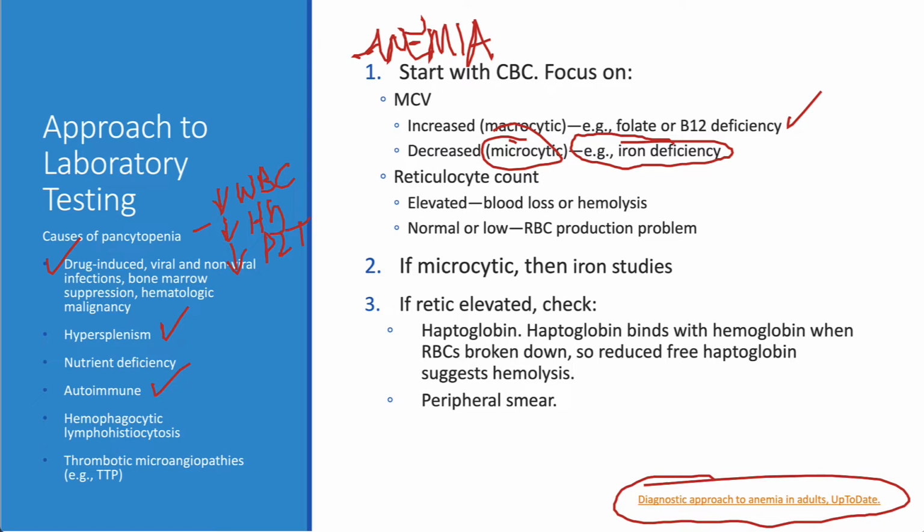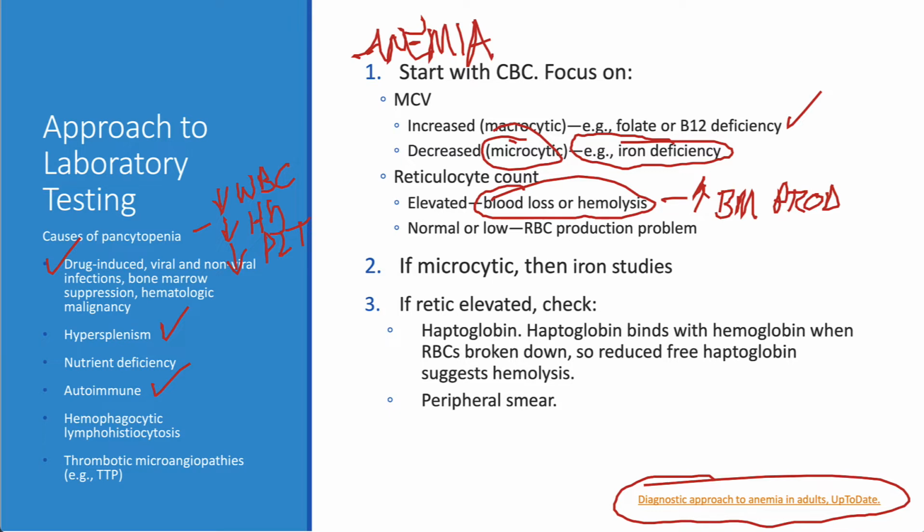Okay? A reticulocyte count is also helpful because when it's elevated, that goes along with blood loss or hemolysis. Essentially, this means increased bone marrow production. All right? So when there's increased bone marrow production, that increases the reticulocyte count. Those red cells are released into battle just a little young, but they can still function as red blood cells and carry oxygen.